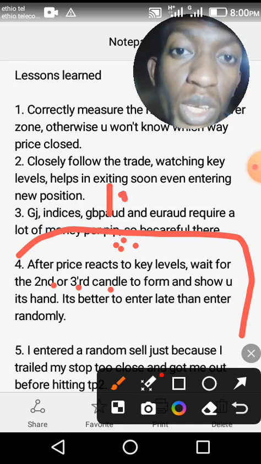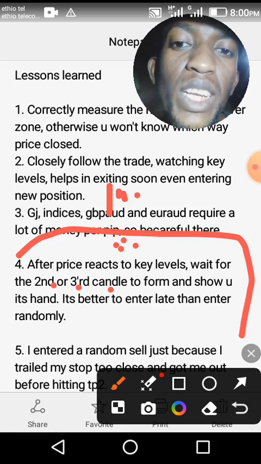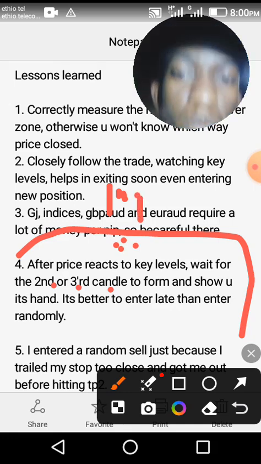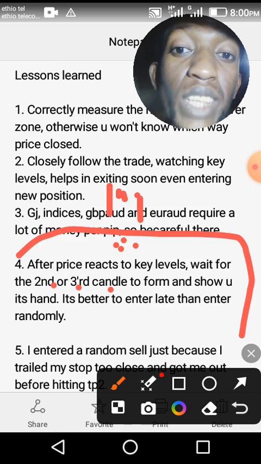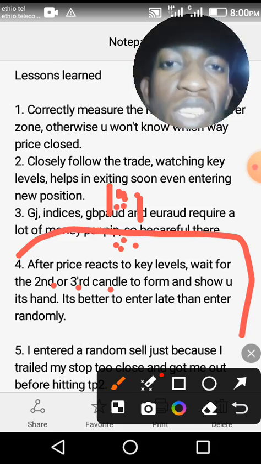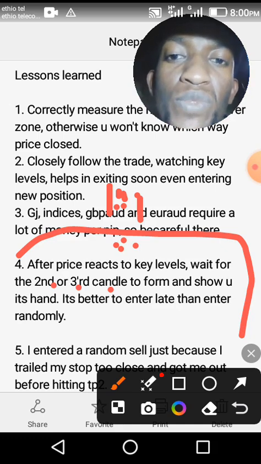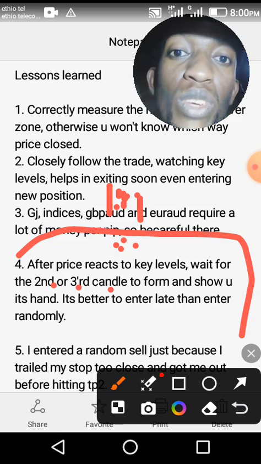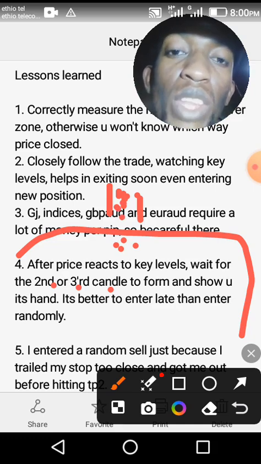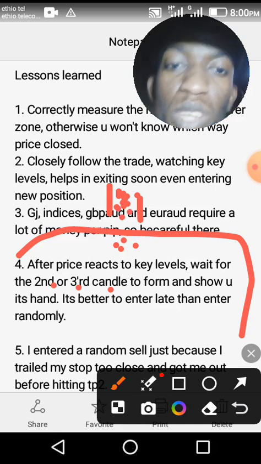Then at the third candle, that's where you take your action, or at the end of the trade of the second candle. If it is a 10-minute time frame, then you wanna watch this second candle at exactly 8 or 9 minutes. You wanna see where it wants to close. That's it.